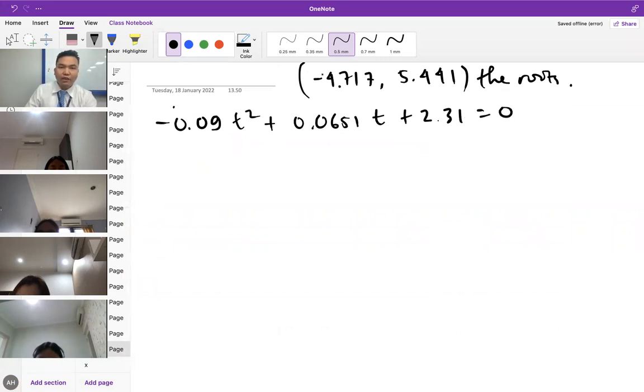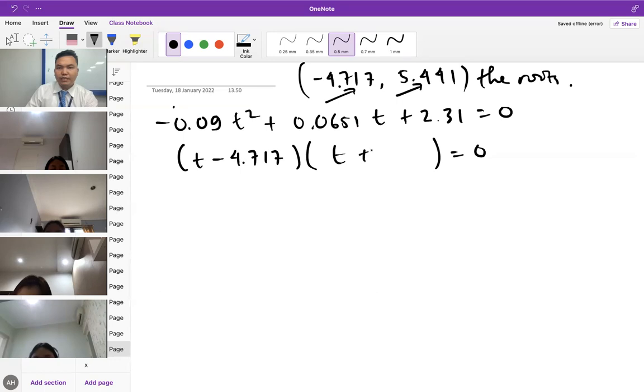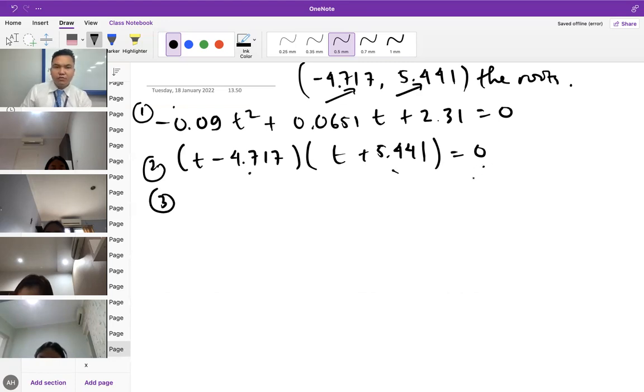Remember, when you have the roots, you have these two values, right? In terms of roots, this will become t minus 4.717 and t plus 5.441. Remember, this is equal to 0 and this is equal to 0. So t minus 4.717 is equal to 0.